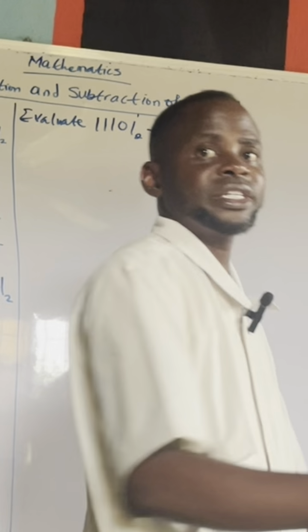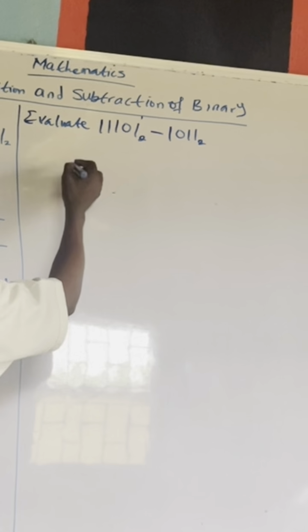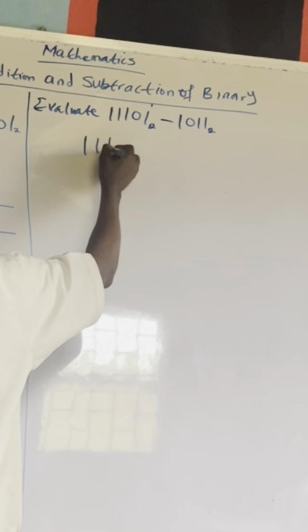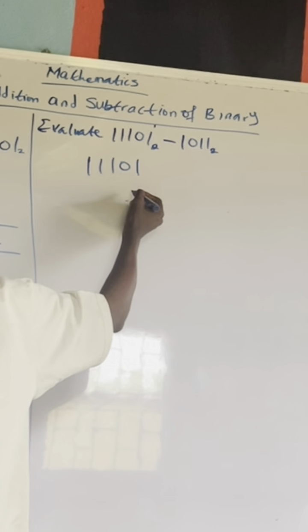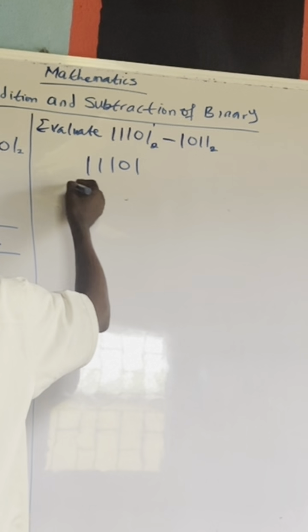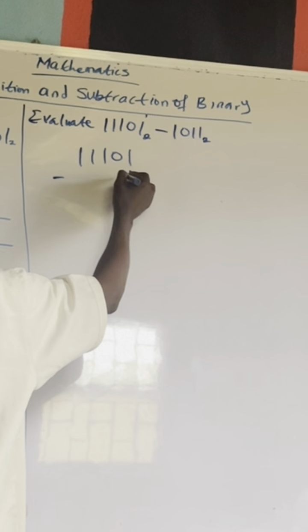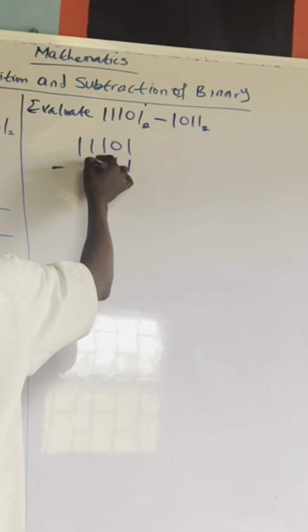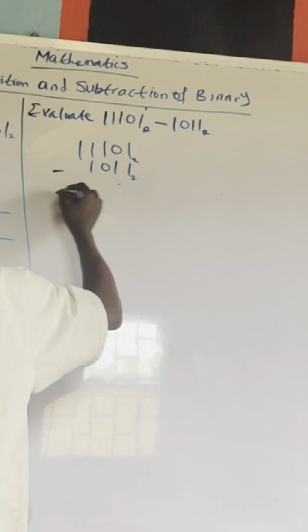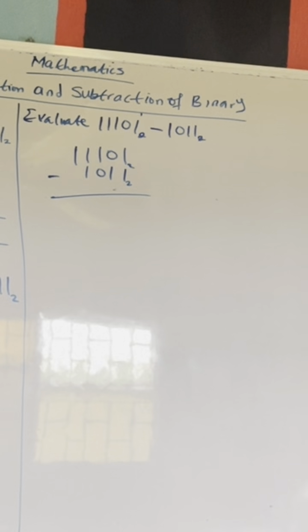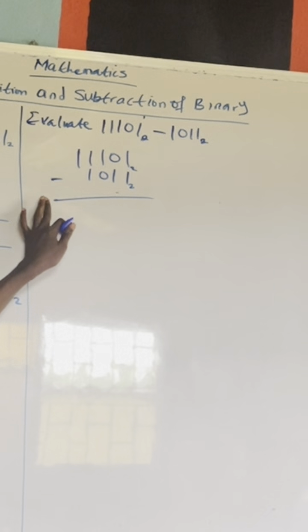All right, so for you to do this, you arrange it normally like you arrange your subtraction when you want to subtract numbers. Do you understand that? All right, so what do we do?